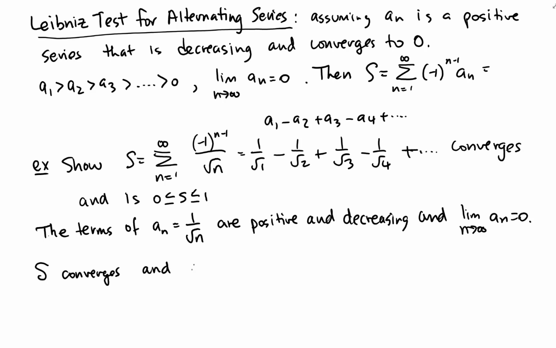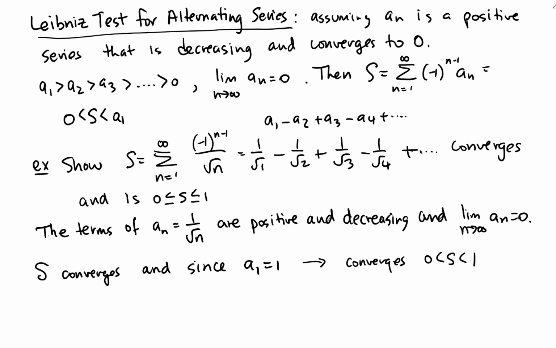And since a sub 1 is equal to 1, part of the Leibniz test is that the S value will always be between 0 and that first term. So we also show that S converges to a value between 0 and 1.